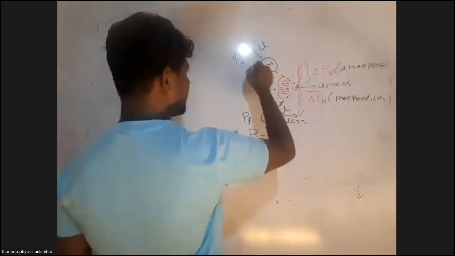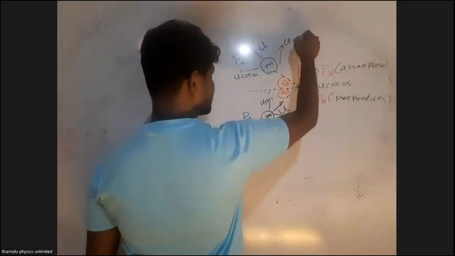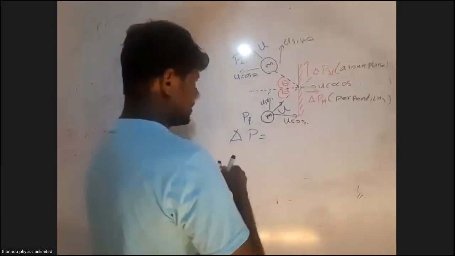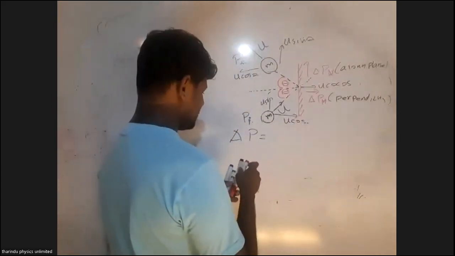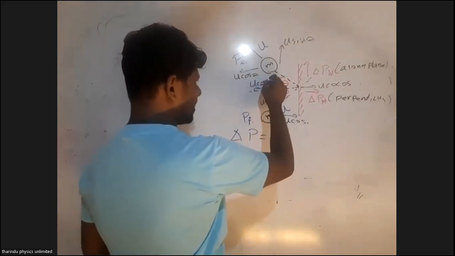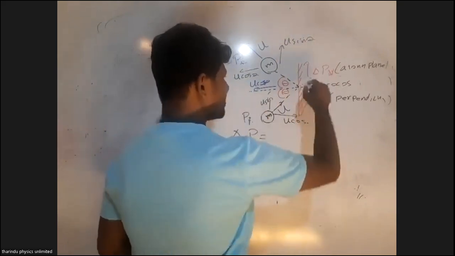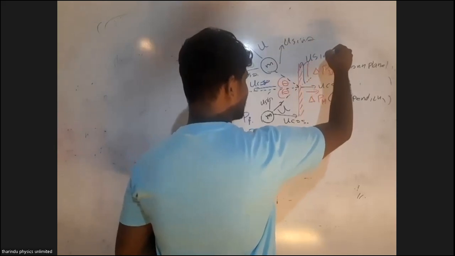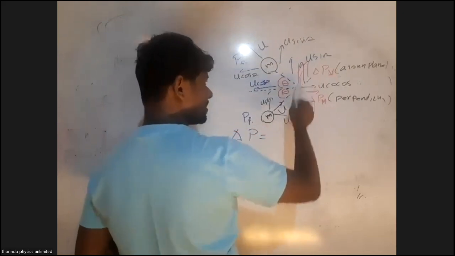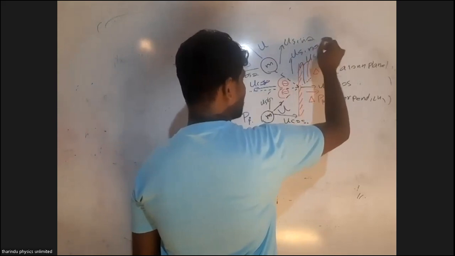At this collision point it again imparts u cos theta, and along here u sin theta. The motion against here gives u sin theta, and this motion also gives u sin theta to this point.